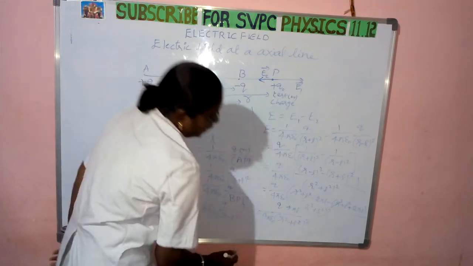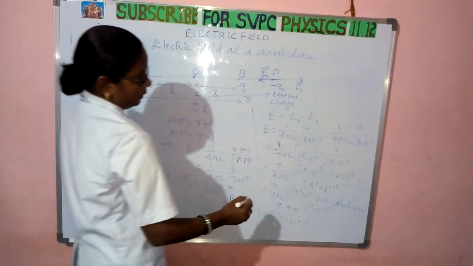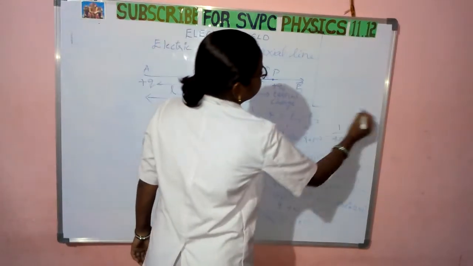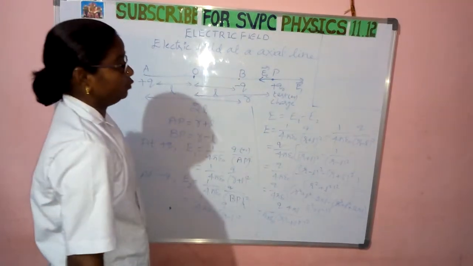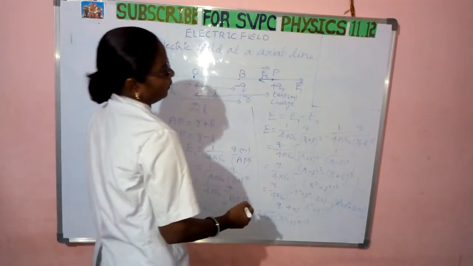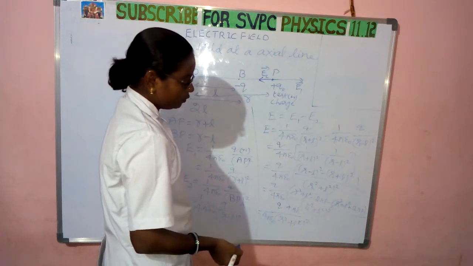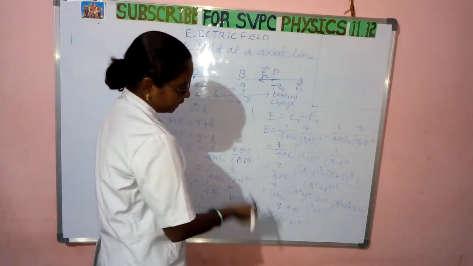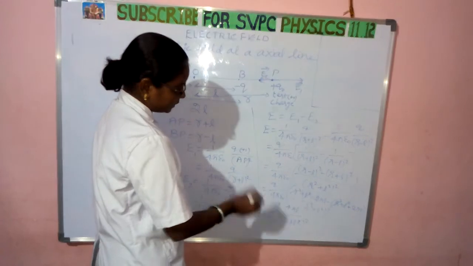Now coming to the dipole moment. Dipole moment value is P is equal to Q into 2L. So in that format I have to write this equation.